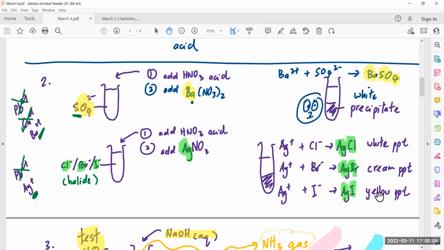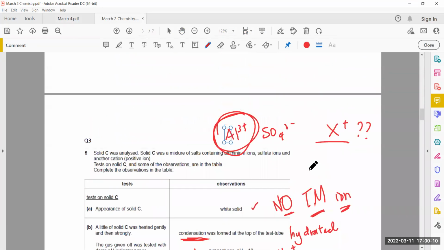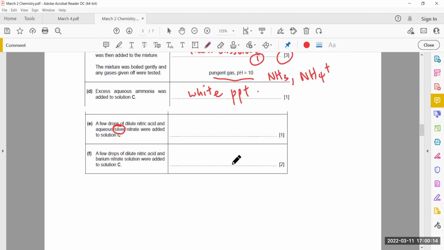Cream precipitate is bromide. Yellow precipitate is iodide. This one, they already said sulfate. So got chloride or not? No changes. Barium is to test for sulfate, white precipitate. Okay?